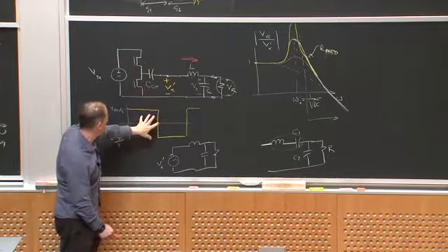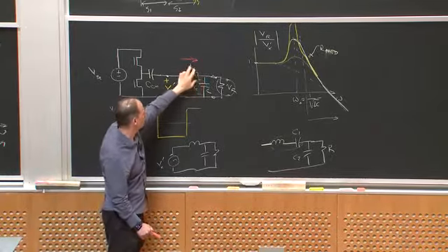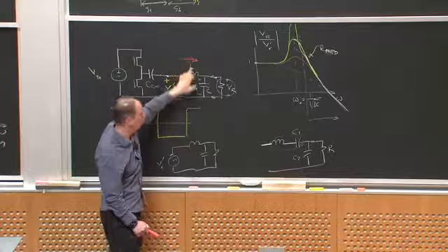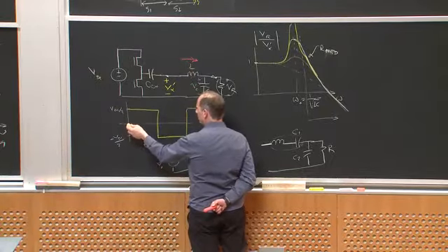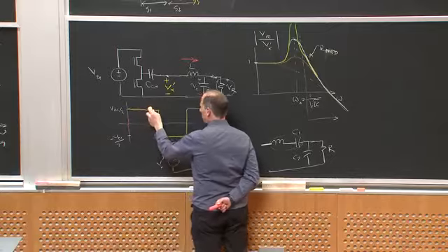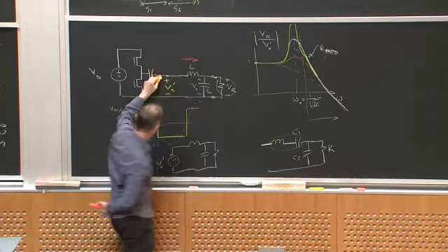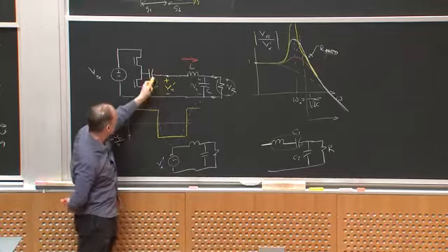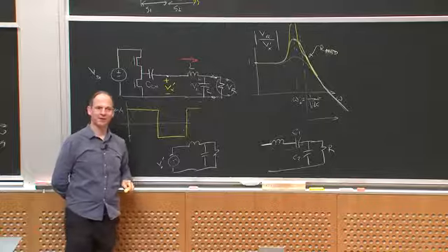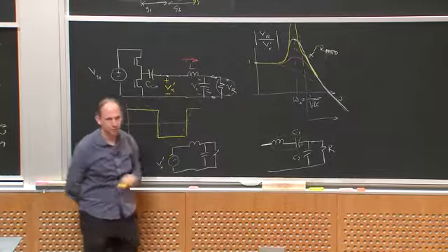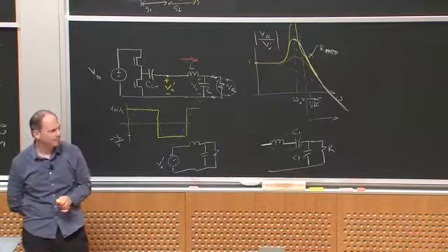So even though Vx has a bunch of harmonic content, as long as this network filters to make the current sinusoidal, then the only component that matters is the fundamental component of the drive voltage, because no other harmonic component delivers average power through the network, right? So the fact that I'm mediating power through a sinusoidal, in this case current, is very valuable, all right?